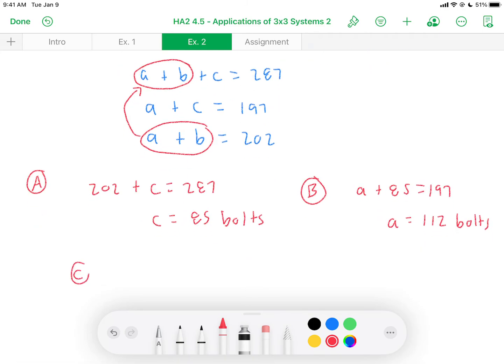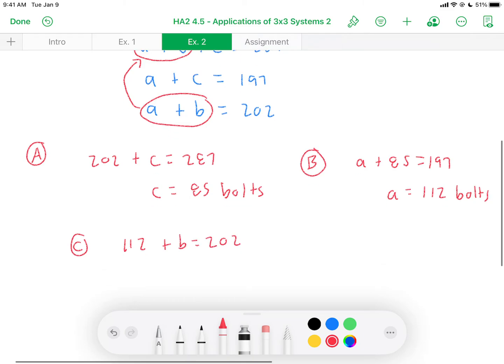And then final step, let's do 112 plus B equals 202. B equals 202 minus 112, which is 90. All good there?